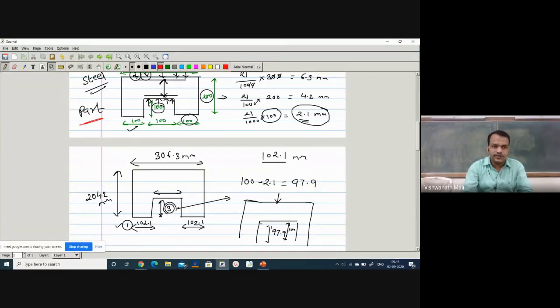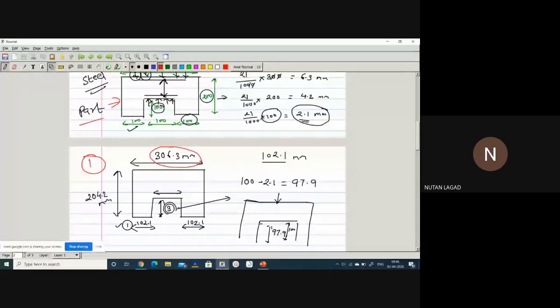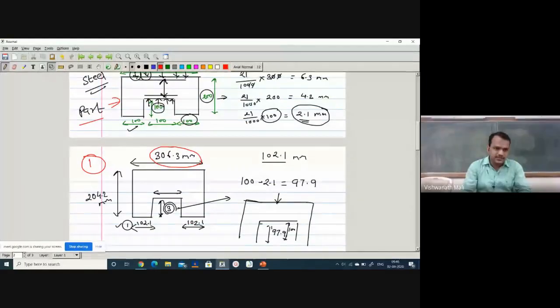Here is your original part, right? And you have considered only shrinkage allowance. With the help of shrinkage allowance, we got this size. You are talking about this part only, no? 306.3. No, I'm saying all dimensions. Why are we not using only shrinkage allowance for all dimensions? All dimensions. You have only considered shrinkage allowance.